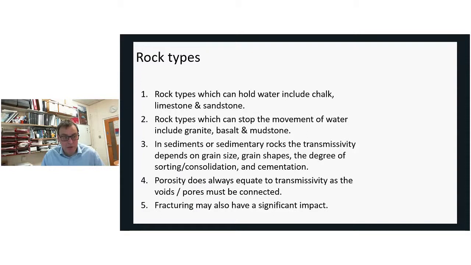For sediments or sedimentary rocks, the transmissivity depends on the grain size and also the degree of consolidation, and also how the pores within that matrix are connected. Fracturing also has a significant impact.